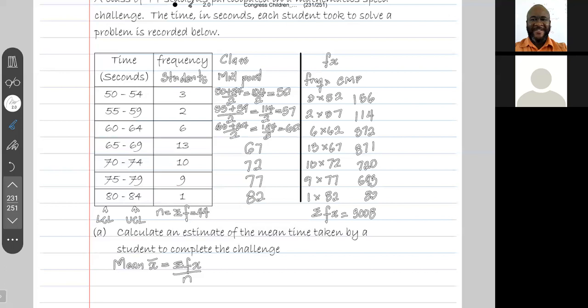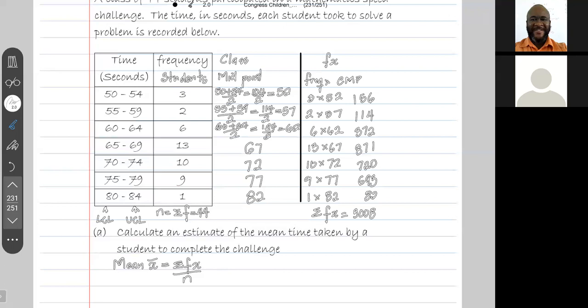It's an estimate of the total amount of time the 44 students spent working the question. So in a sense, I'm adding the time for all 44 students. For example, if 3 students each took 52 seconds, that is a total of 156 seconds. That's what it means.